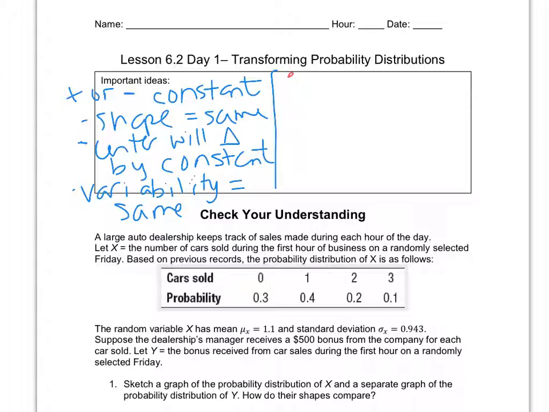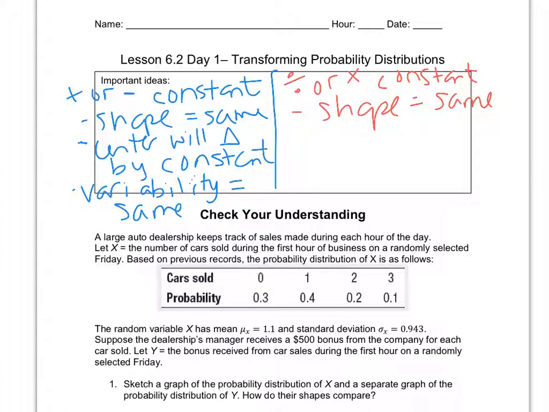So if I divide or multiply by a constant, this time again, my overall shape stays the same. It might be more spread out, but the overall shape, if it's a curve, might be a wider, flatter curve or a skinnier curve, but the shape is still the same.